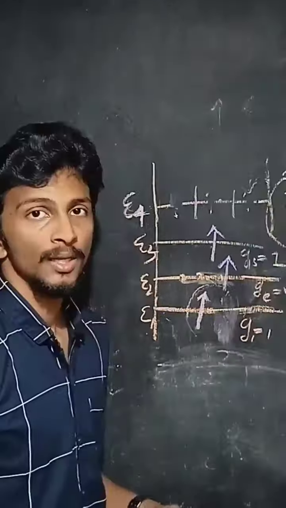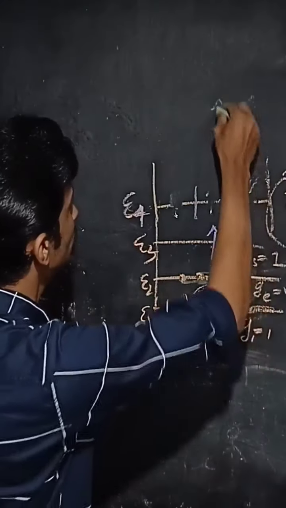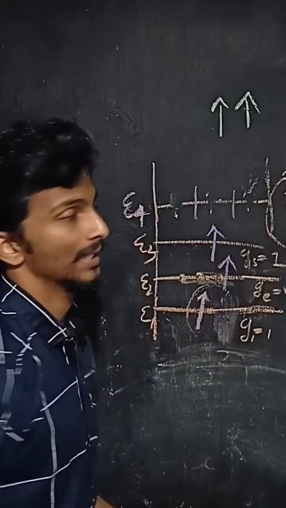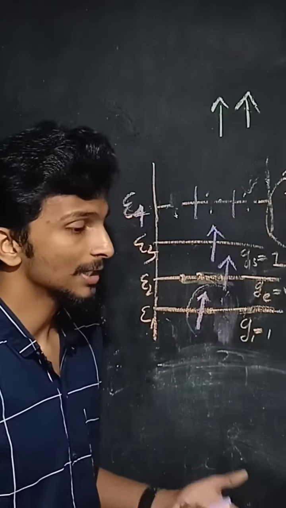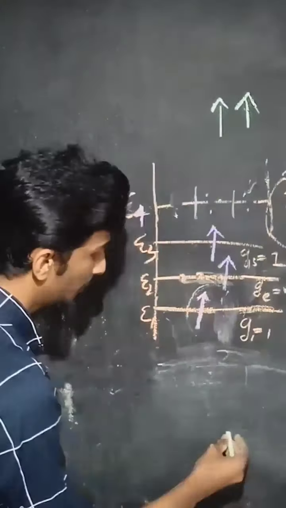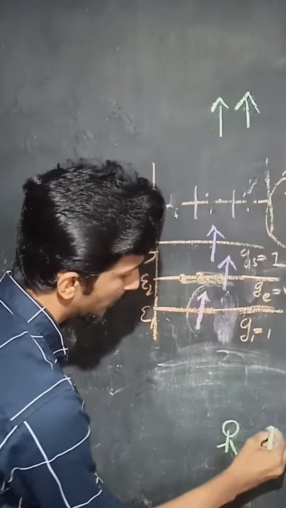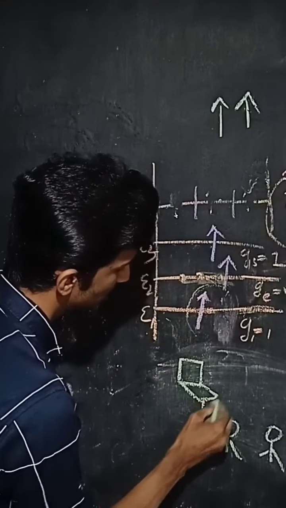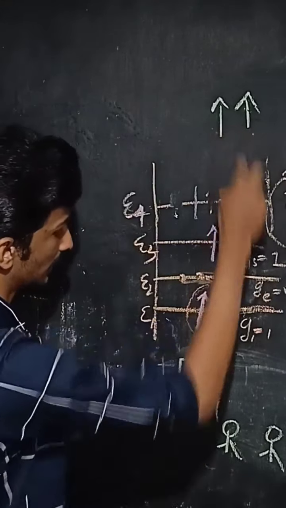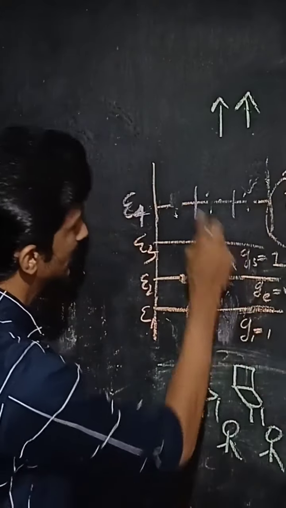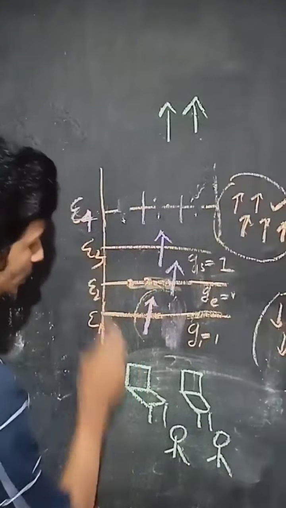So let me ask you a question: in how many ways can I put 2 particles into these 3 states? It is actually a question from your +1 classes, that is, in how many ways can 2 people sit into 3 chairs. These 2 people are equivalent to these 2 particles, and these 3 chairs are equivalent to these 3 states of energy value E4.